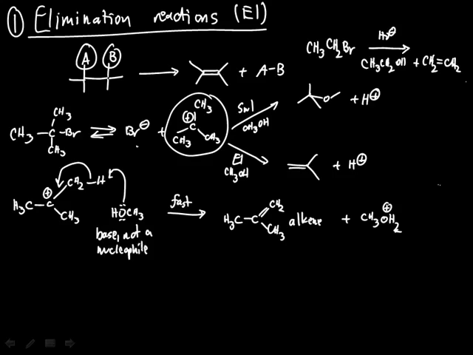As I've said, the rate limiting step is still the formation of cations. The rate in this case equals k times the concentration of t-butyl bromide. And this is similar, well actually it's the same as in SN1 reaction.